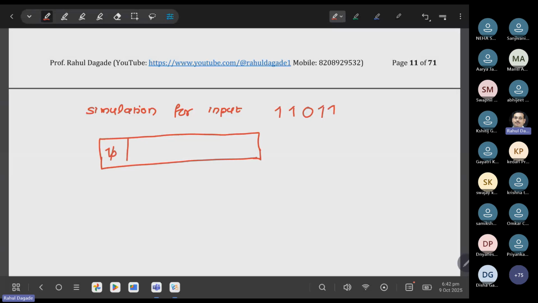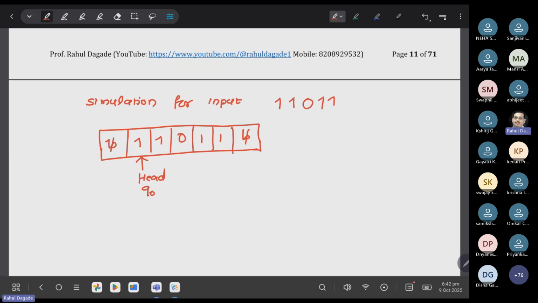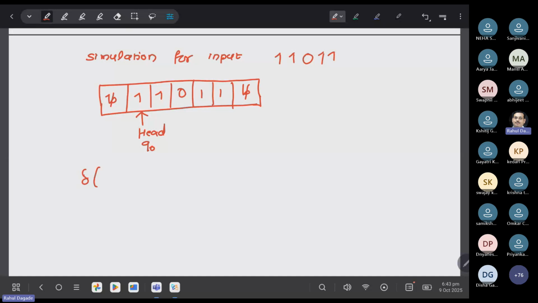So blank, the input is 1 1 0 1 1, and the end of the input is blank. Now the head is here. This is the start of the head and the initial state is Q0. So we have a delta, Q0, the input is blank 1 1 0 1 1 blank and the head is here.